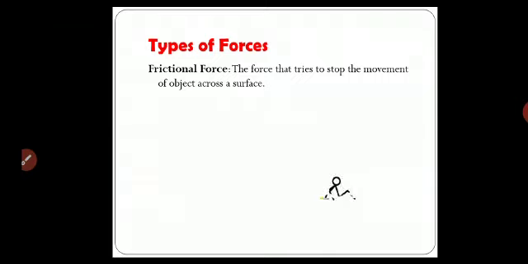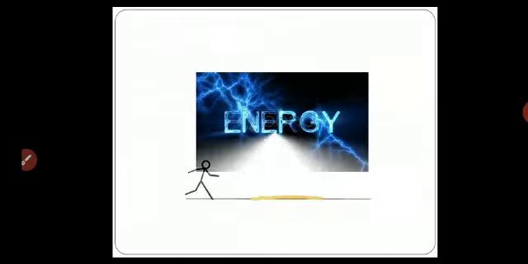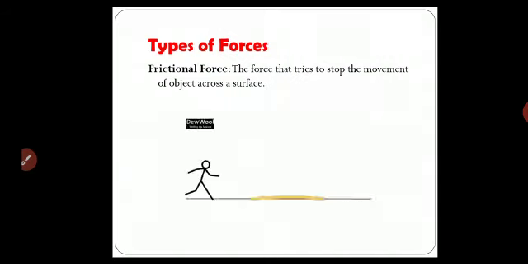We have some advantages and disadvantages of this frictional force. Friction between our feet and the ground makes it possible for us to walk. But sometimes the place is slippery.